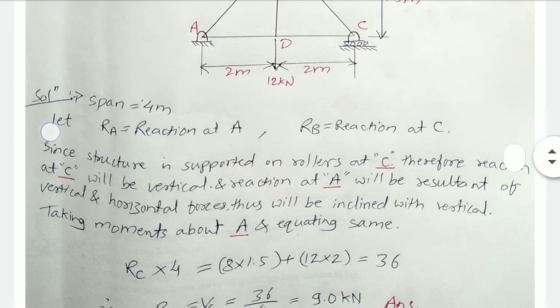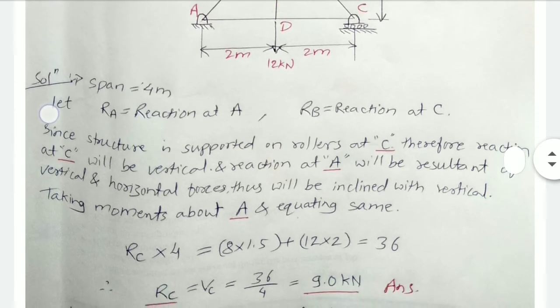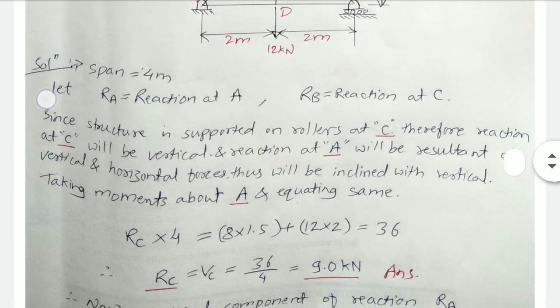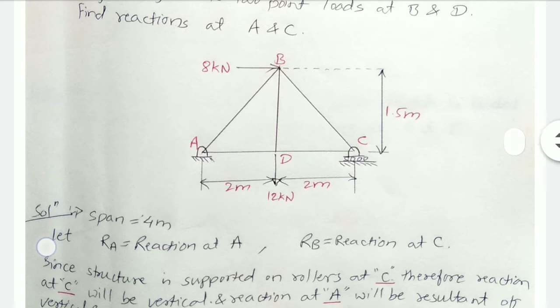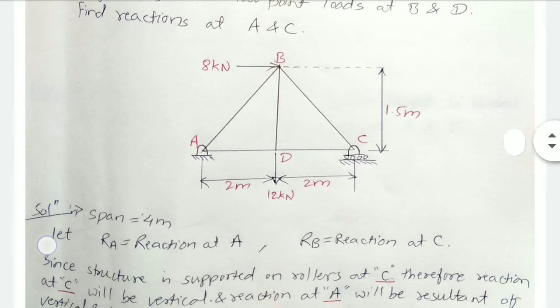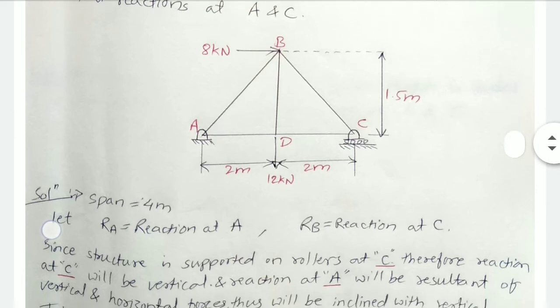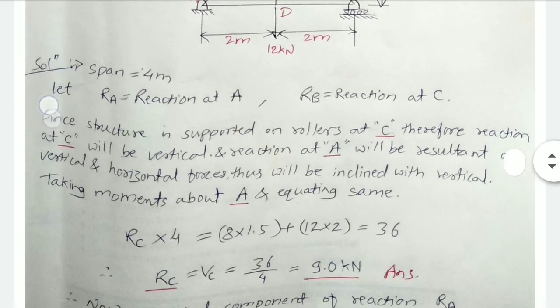As it is a hinge point, it will be inclined to the vertical. So the reaction at A is an inclined force, and point C has the vertical force.